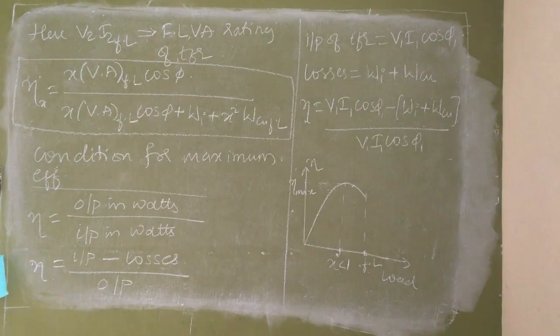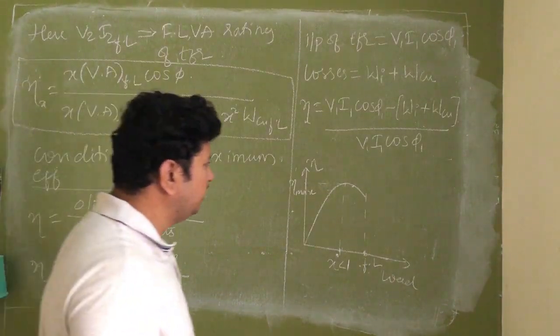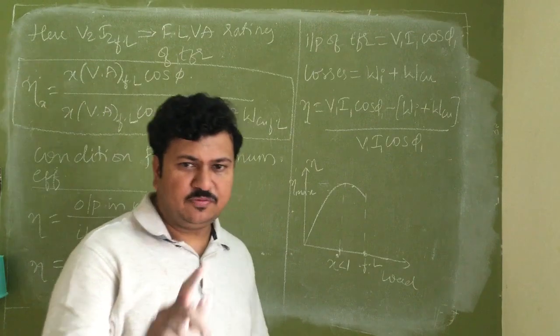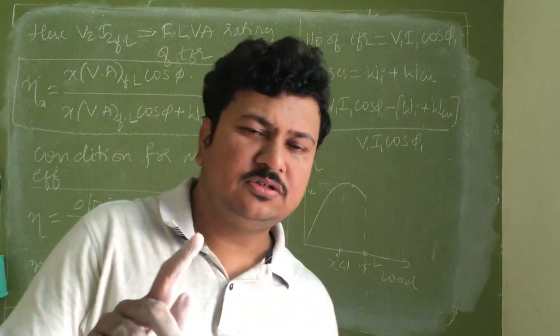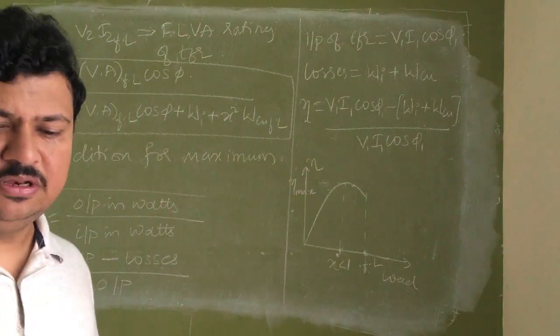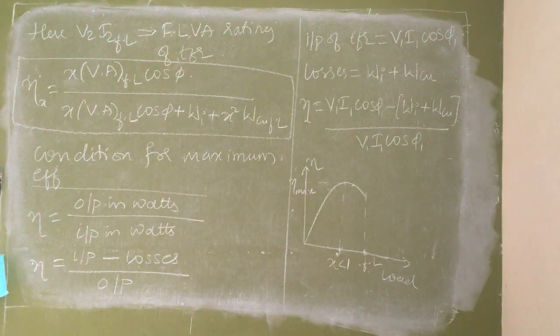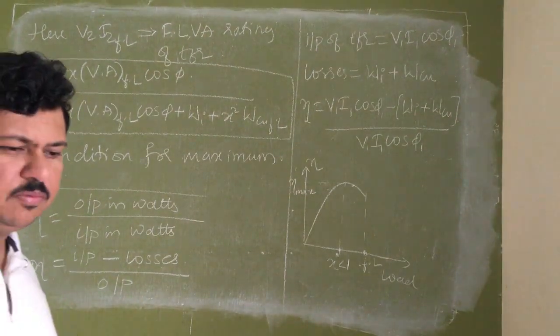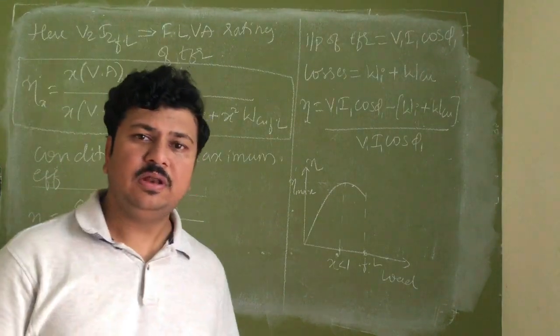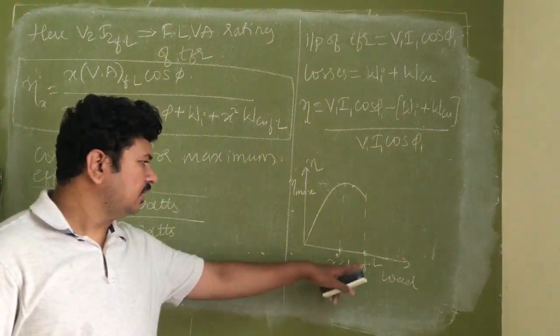But remember, maximum efficiency of any machine, whether transformer, motor or generator, is not obtained at its full load condition; it will appear at less than full load.